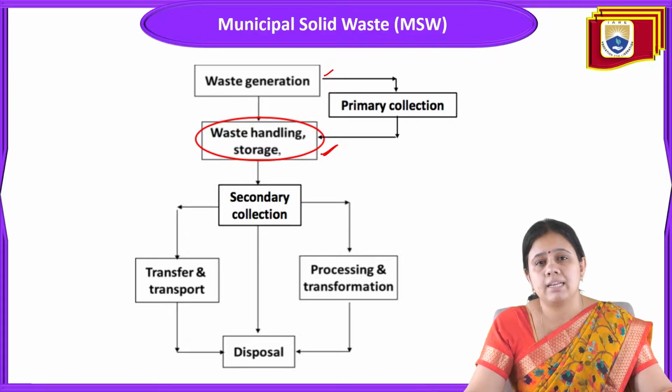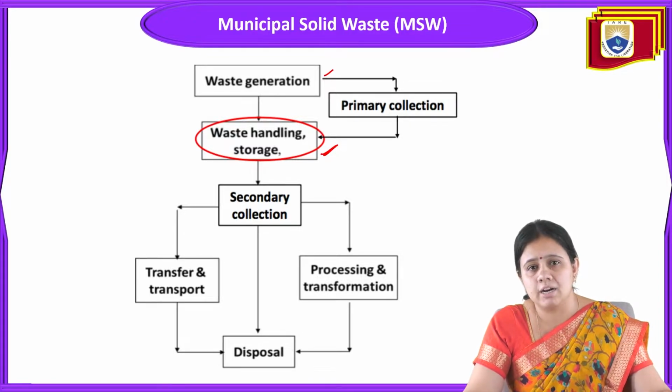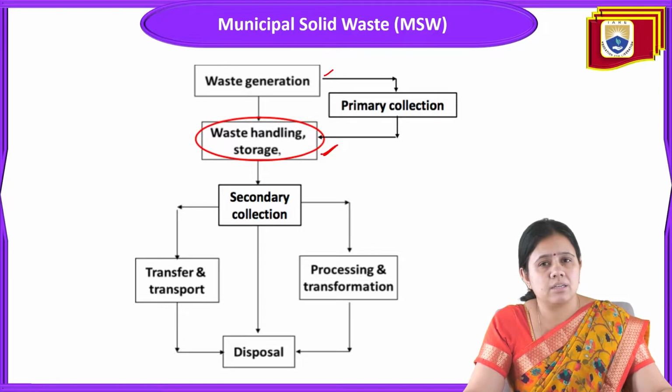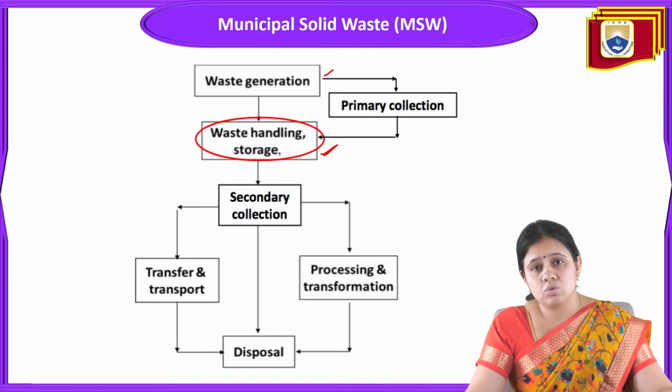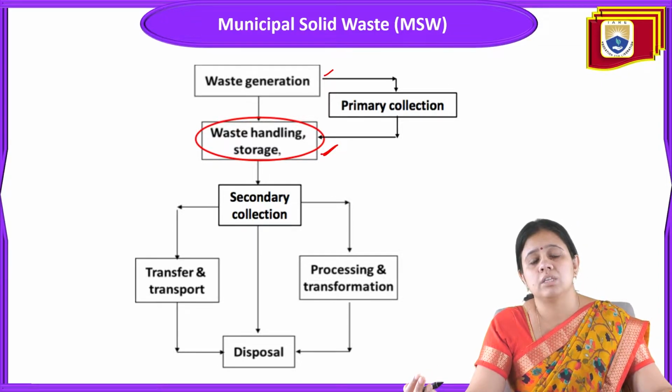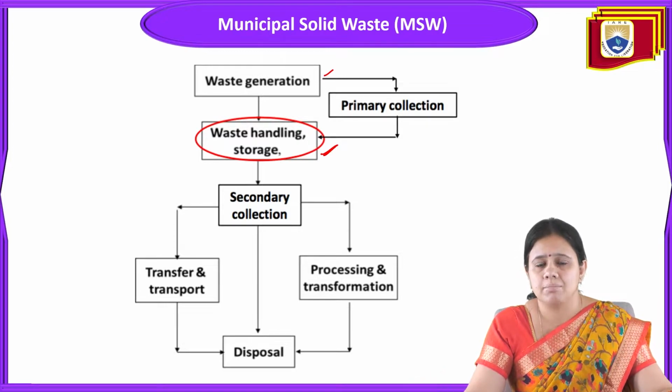Then the municipality people will come. What are the general methods adopted in our country for collection of waste, and its handling and storage, what precautions we are taking, which type of vehicles are used, and what methods are used during storage or handling.